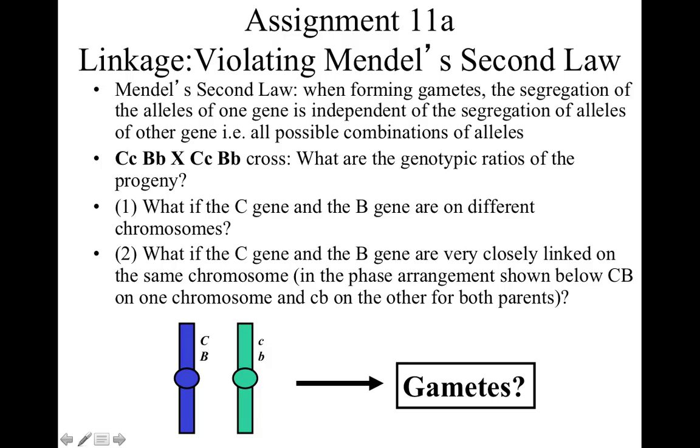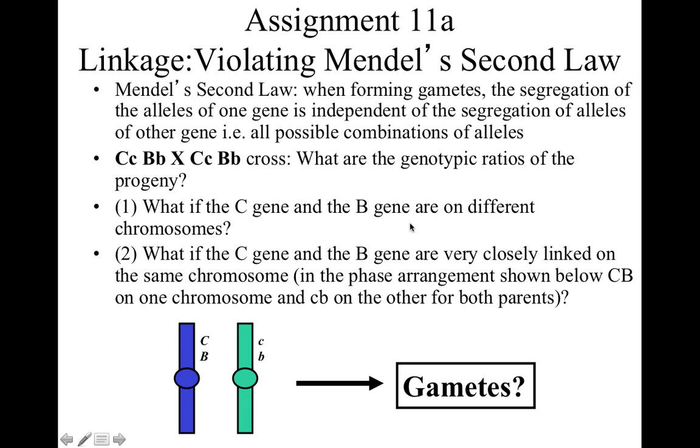In the first case, what if the B gene and the C gene are on different chromosomes? What are the genotypic ratios for the dihybrid cross, big C, big B, little b, crossed with big C, big B, little b? So what's the result of this dihybrid cross if the C gene and the B gene are on different chromosomes?